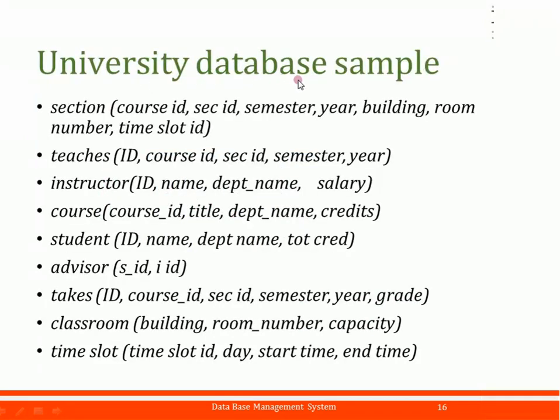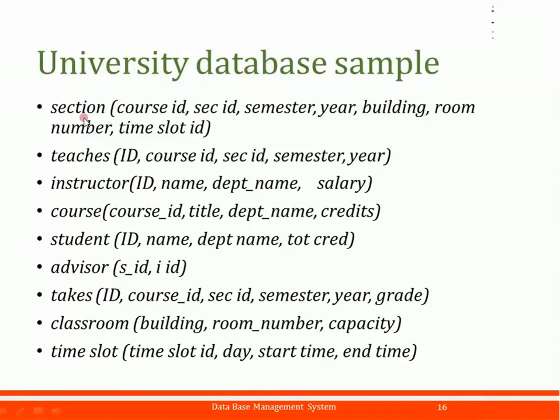So this is a university database example. We are talking mostly about the instructor, student, etc. All these are relations. Relations are the tables. So we have a table for section, under which you have the attributes, which are the columns of this particular table, and you have a teachers table, instructor table, student table, course table, advisor, takes, classroom, time slot.